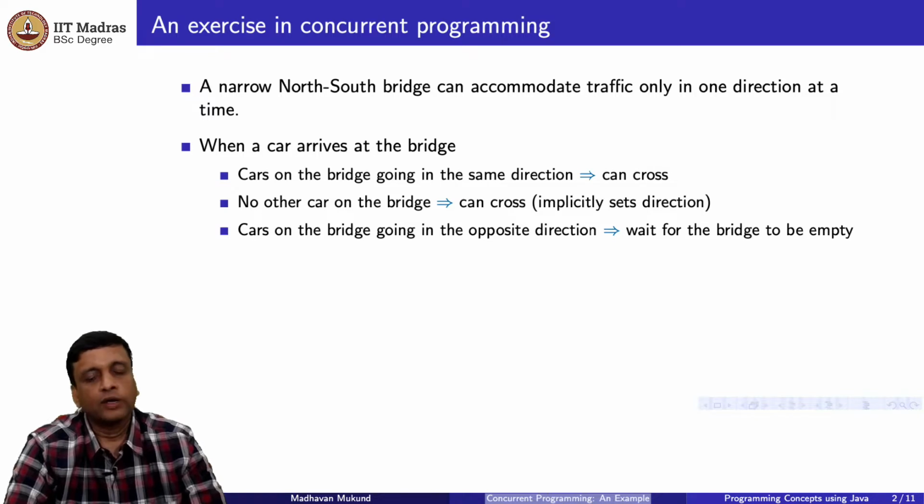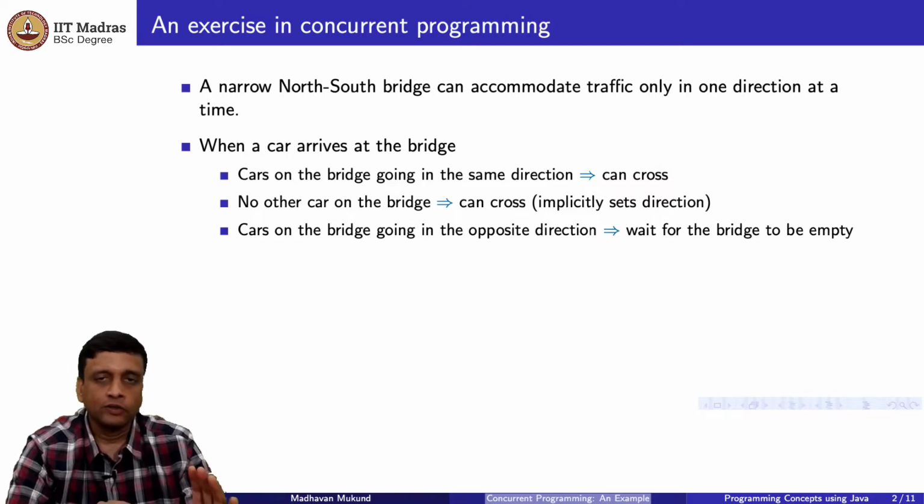Now if the bridge is empty, there are two situations that can happen. There is no car on the bridge, but the bridge currently is marked as going in the same direction. Of course you can join. But if the bridge is empty and the bridge is currently pointing in the opposite direction, then this car can reverse the direction and start a new flow in the opposite direction, right?